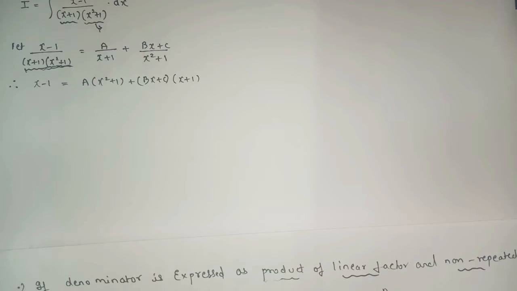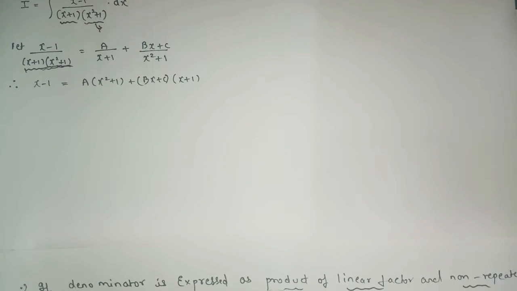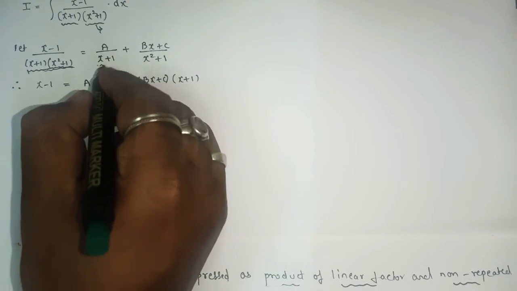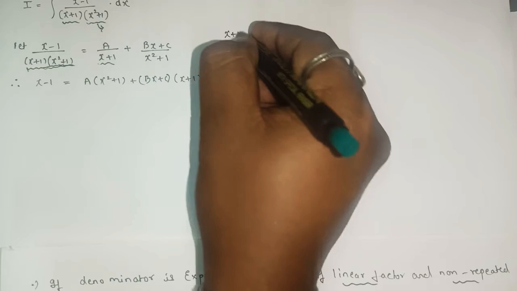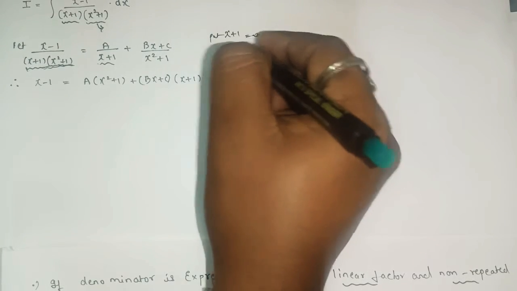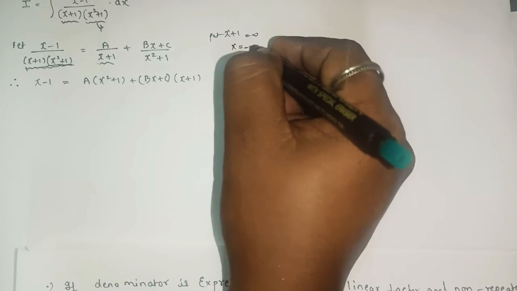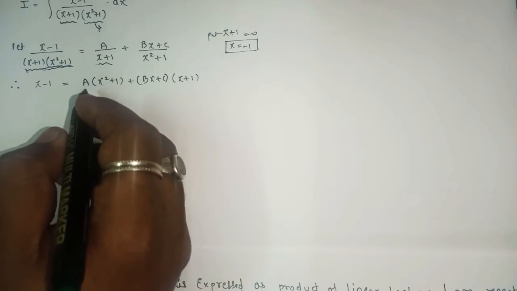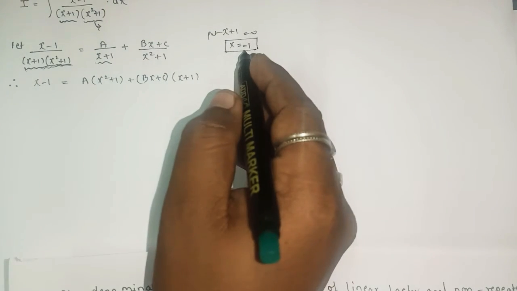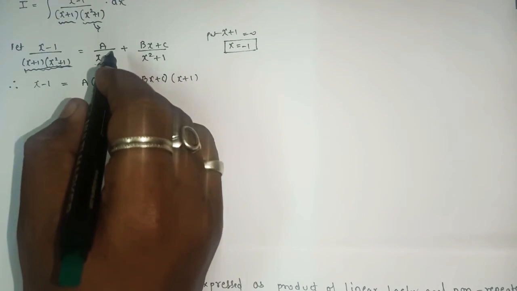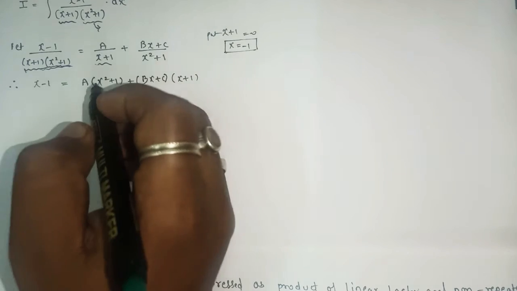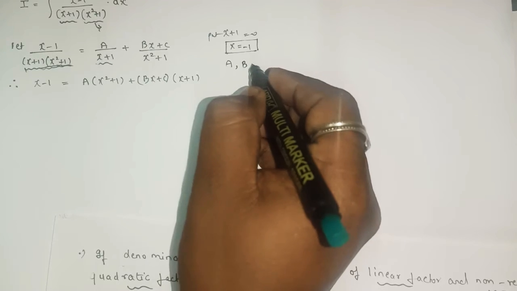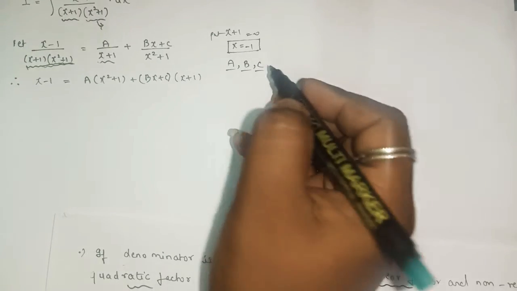Okay, now as we know, with the help of one linear factor we will get one value of x. Simply replace the value of x by -1, so you will get the answer of a, or else b, or else c. But here we have three constant terms, so we require all the values a, b as well as c.